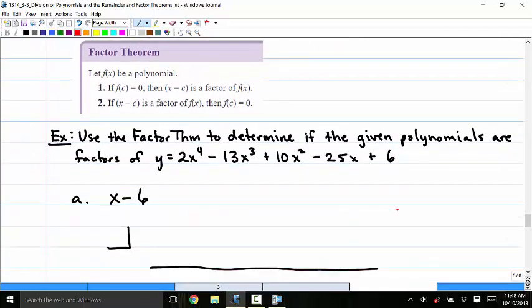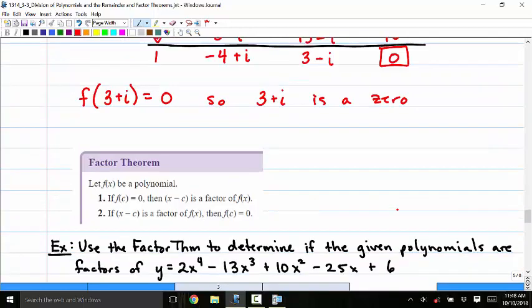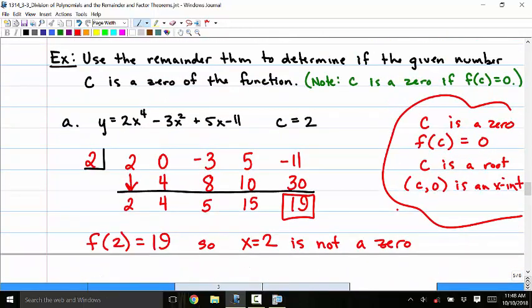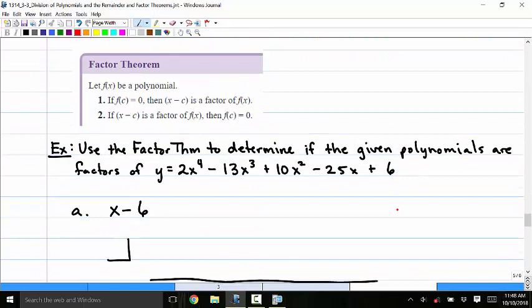Okay, the factor theorem. Let f be a polynomial. Remember back up here in red? The factor theorem is saying all this again. Let f be a polynomial. If f of c equals 0, then you know that x minus c is a factor.